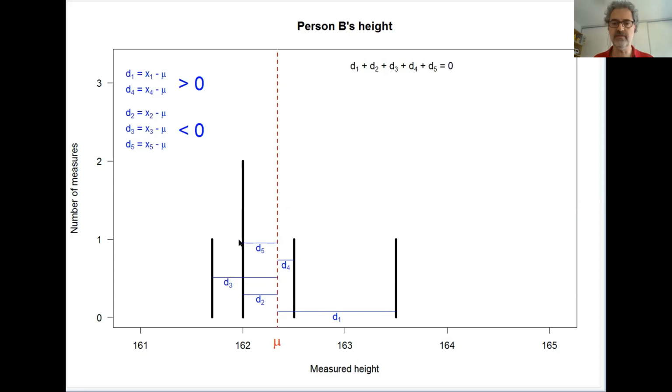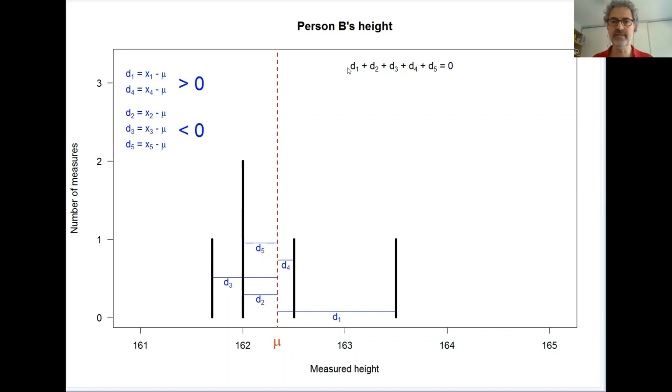When is the sum of all the distances going to be 0? It's going to be 0 when the positive ones pull to the right exactly as much as the negative ones pull to the left. So because these are positive and these are negative, when all the positives sum up to exactly the opposite of these negative ones, then the sum of all of them together is going to be 0.